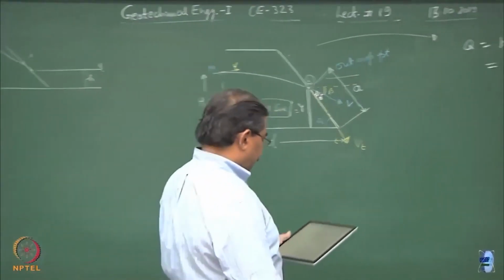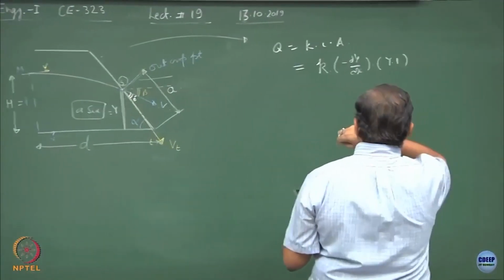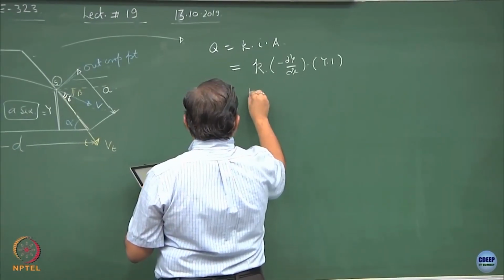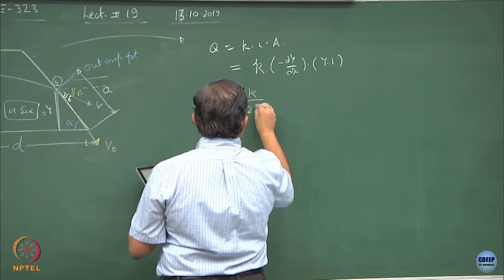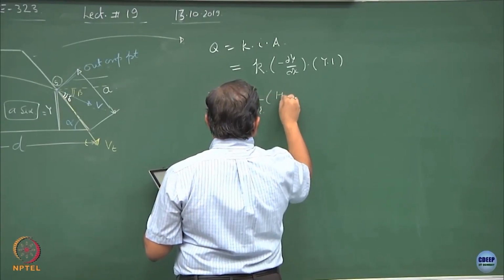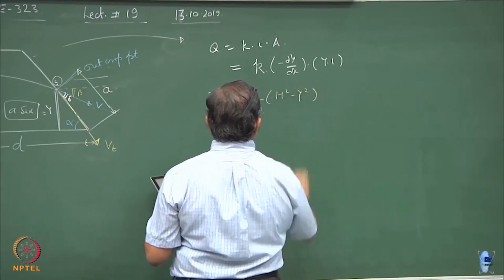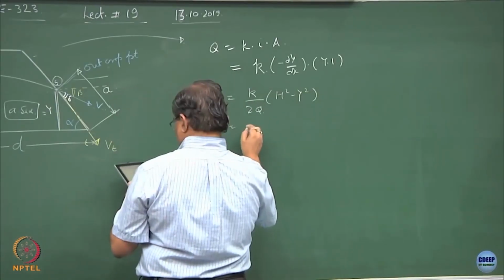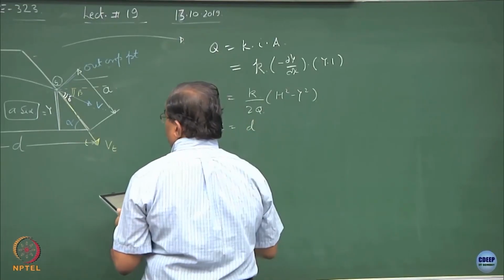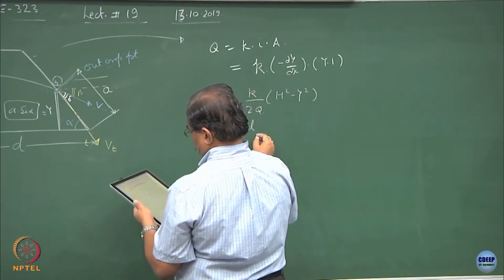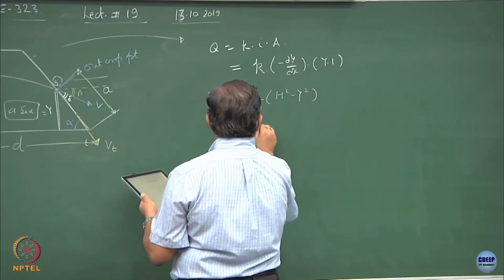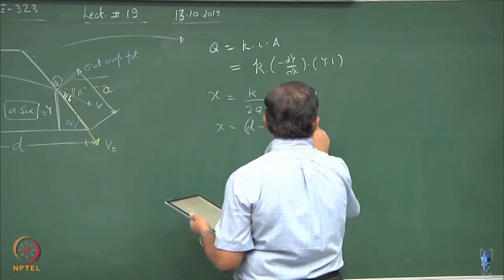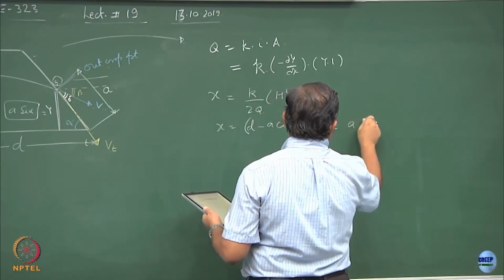Can I show? Starting from this function, if I come to, let us say, K upon 2Q (H square minus Y square), substitute the values, X equal to D minus A cos alpha, and at this point Y is equal to A sin alpha.